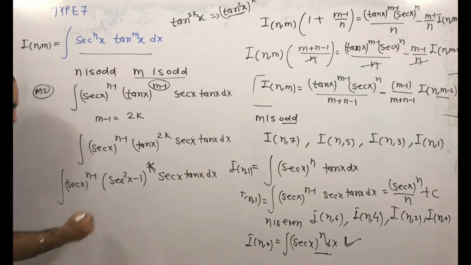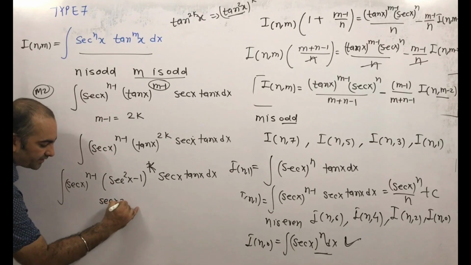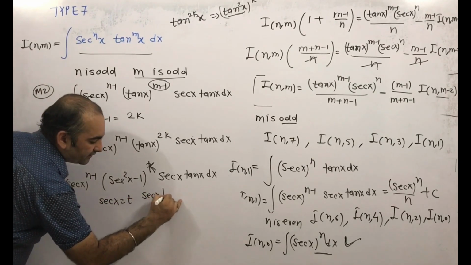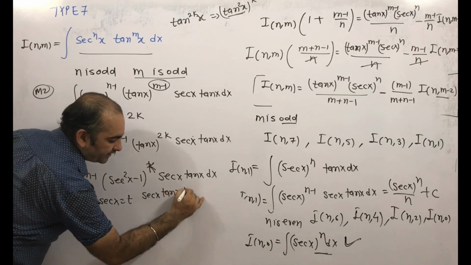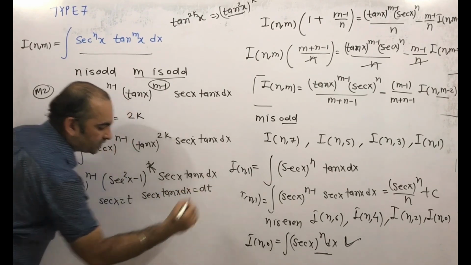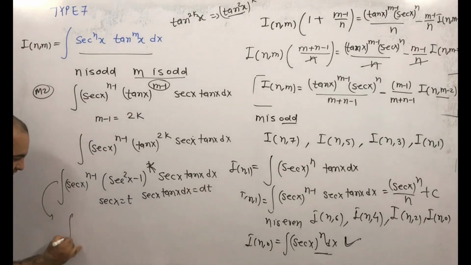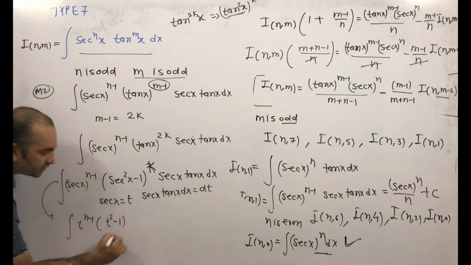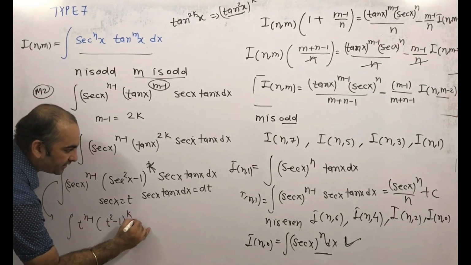Now what you will do here? If I take secant x as t, then secant x tan x dx will become dt. So this integration becomes the integration of t to the power n minus 1 into (t squared minus 1) to the power k dt.